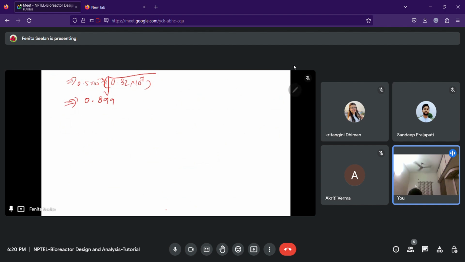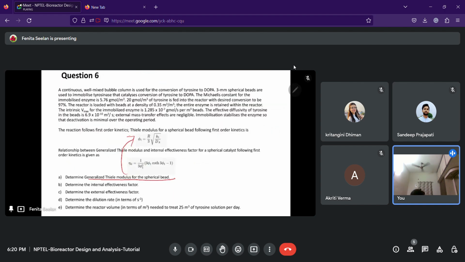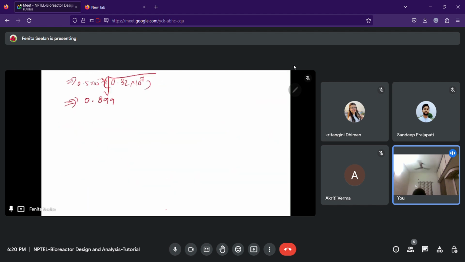So what is the second question, which is to determine the internal effectiveness factor. How do we determine the internal effectiveness factor? We've got the formula here. So let's write down the formula: 1 by 3.